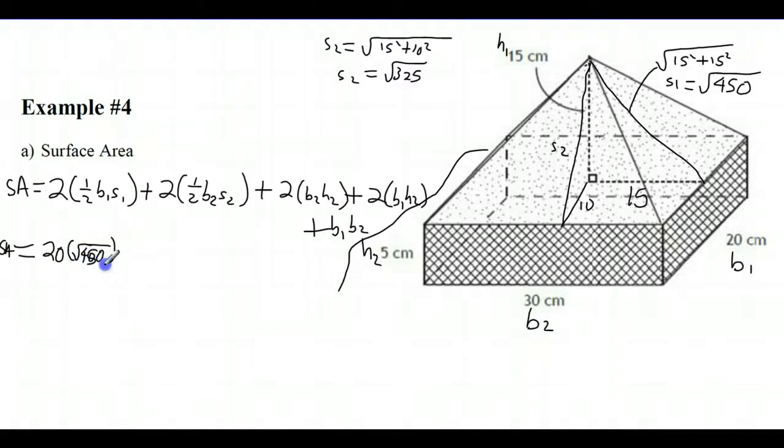Plus 2 times 1/2 is 1, so we've got B2, 30, times S2, which is root 325, so 30 root 325. It's this, plus 2 times 30 times 5.